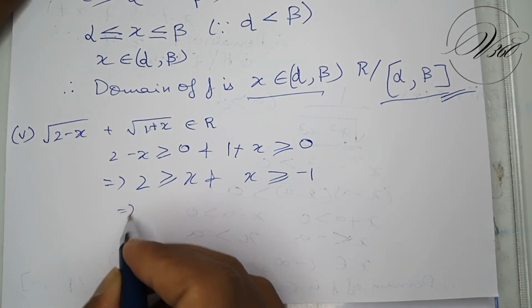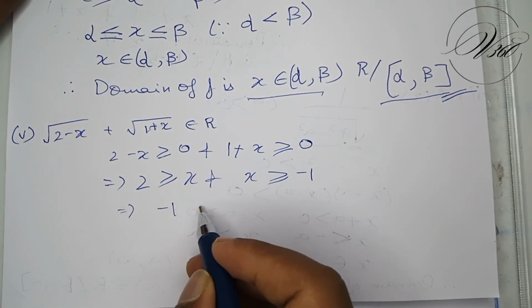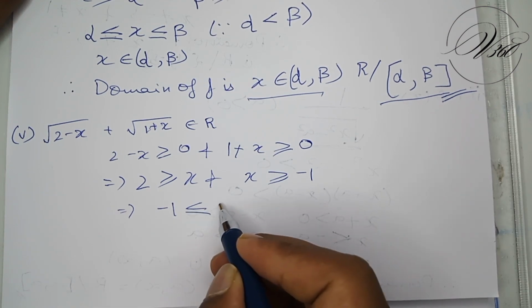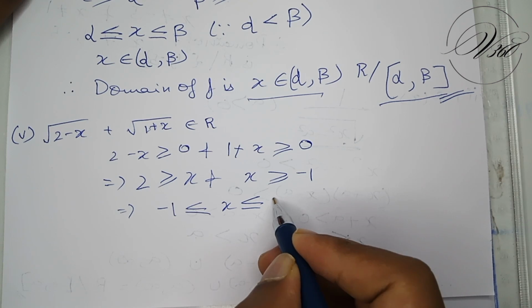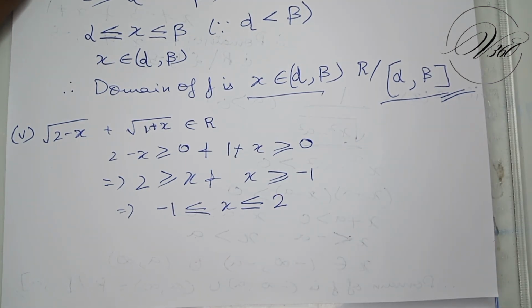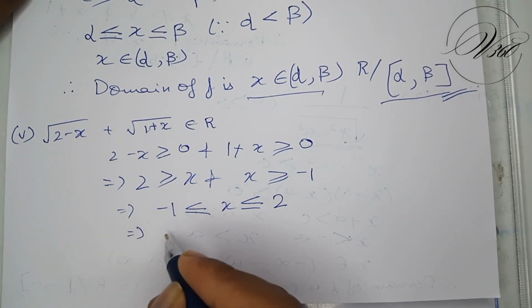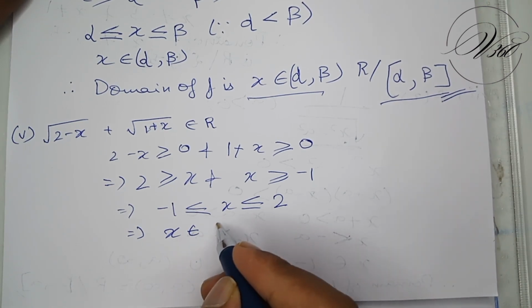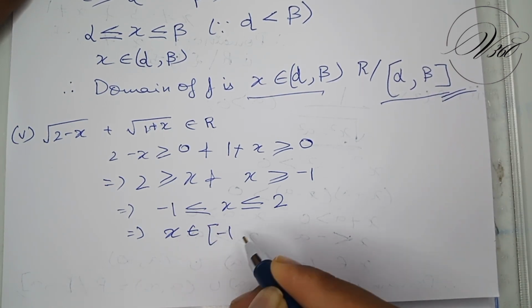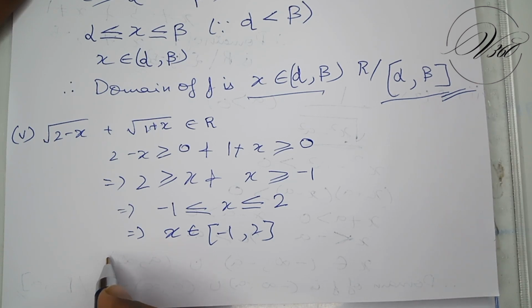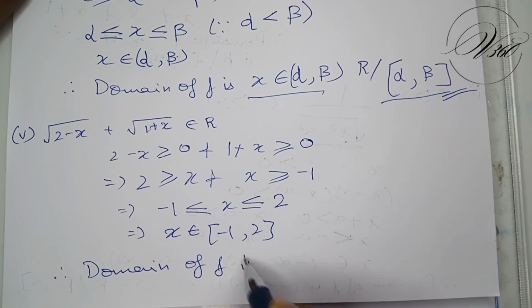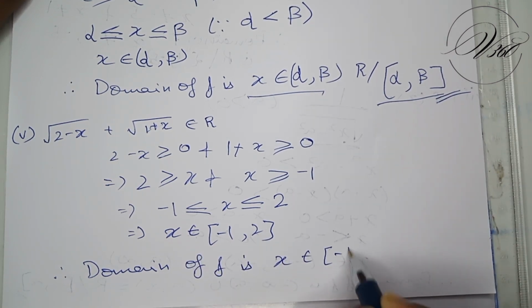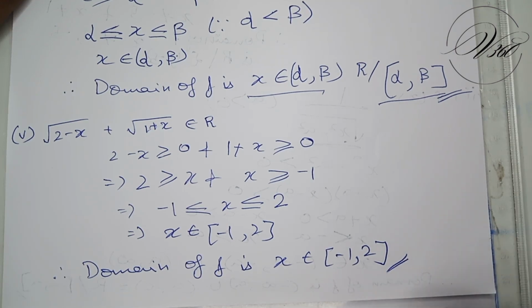Now we can take minus 1 is less than or equal to x, and x is less than or equal to 2. So x belongs to minus 1 comma 2, and this is the answer. The domain of f is x belongs to minus 1 comma 2. This is the answer of the fifth bit.